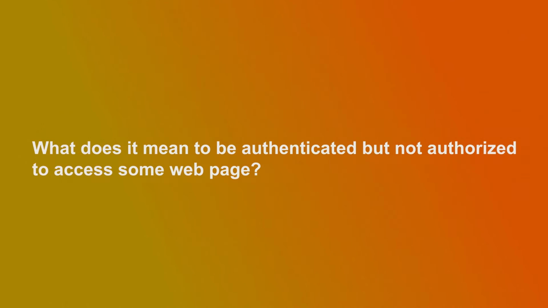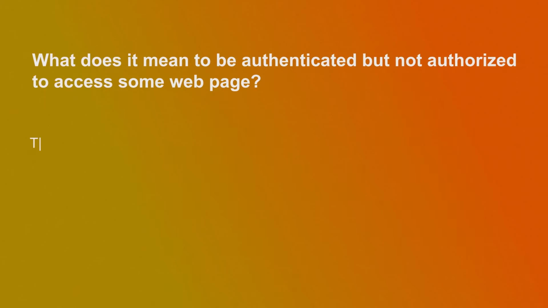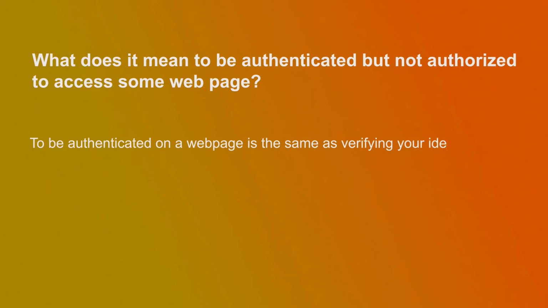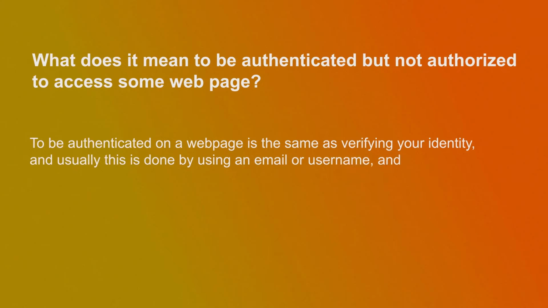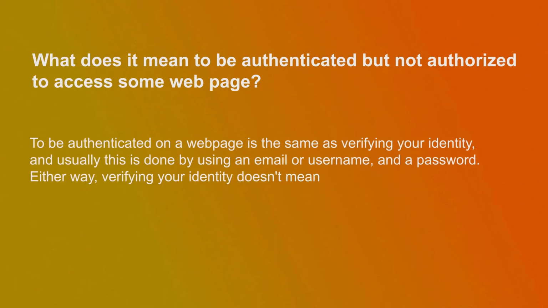So a good answer to this question could be, for example, dealing with the first part, to be authenticated, and then dealing with the not authorized part. So to be authenticated on a web page is the same as verifying our identity, for example. And usually this is done by using an email or username and a password. Either way, verifying our identity doesn't mean that you can access every part of the website.